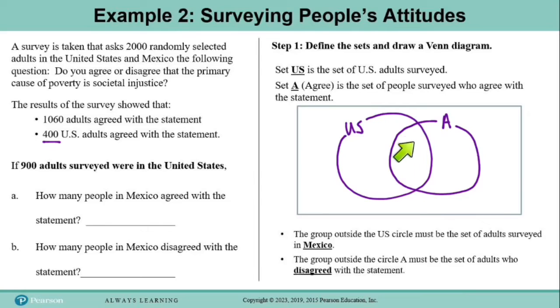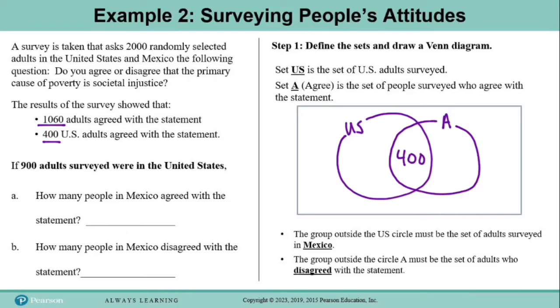Now, the area right here where the two sets overlap, that's going to be the set of people who are both from the U.S. and who agreed with the statement. So that right there is the 400 people. Now, our other piece of information tells us that there were 1,060 adults who agreed with the statement.